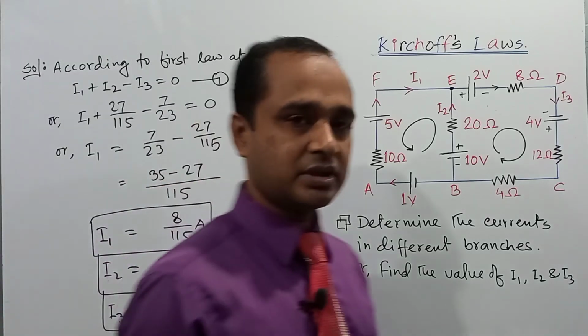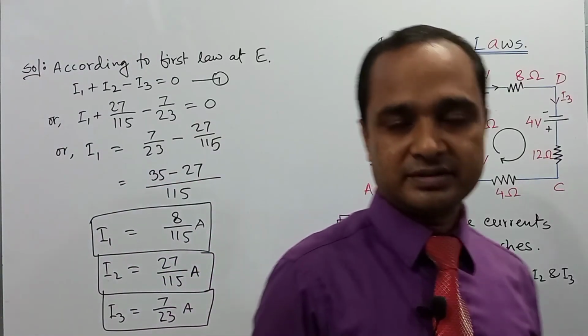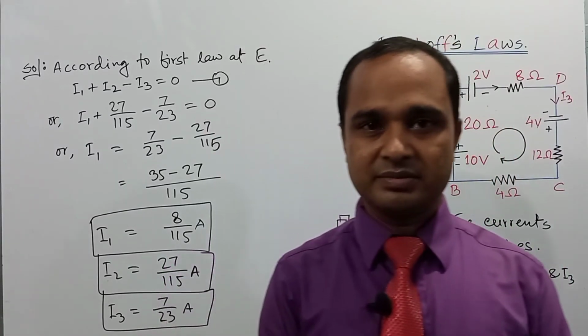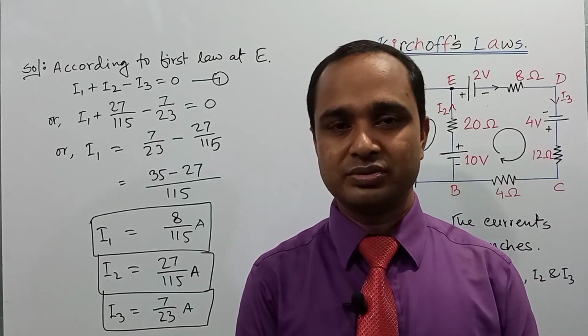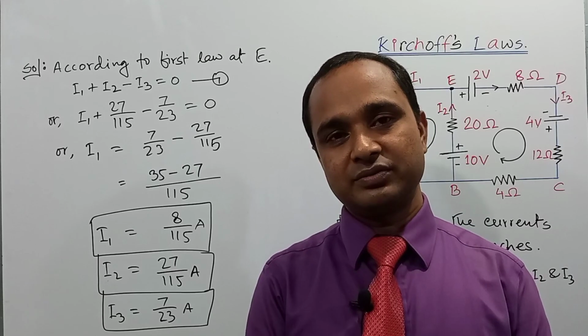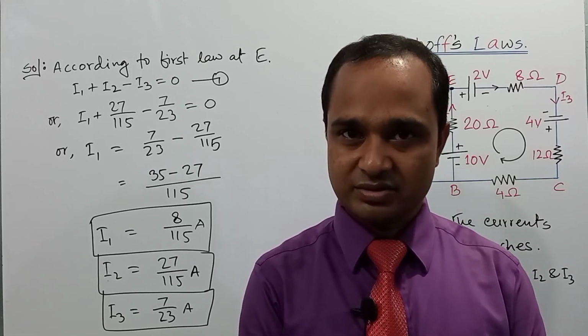So these are the required values for this question. Dear student, I hope you got it, but for better understanding you need to practice this type of problem from your textbook. If you have any confusion, you can ask me or you can ask your subject teacher.